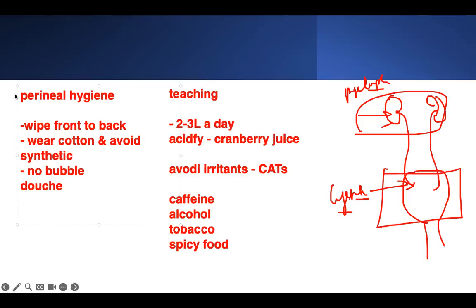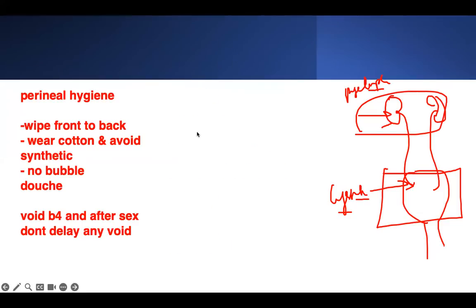And when you have sex, void before and after sex. Okay? When you feel it, you got to go, go. So don't delay any void. And there are a few things you have to teach them depending on the patient.